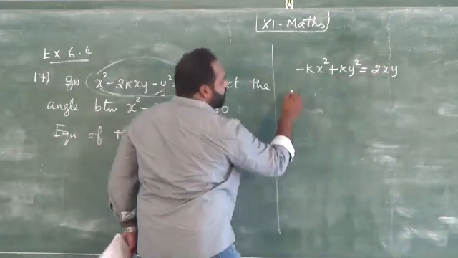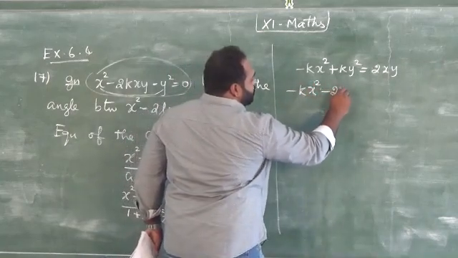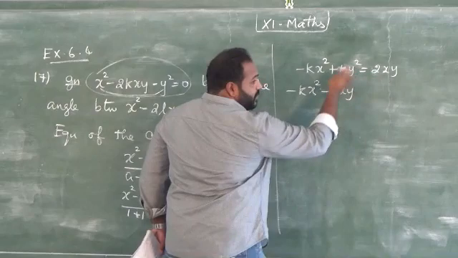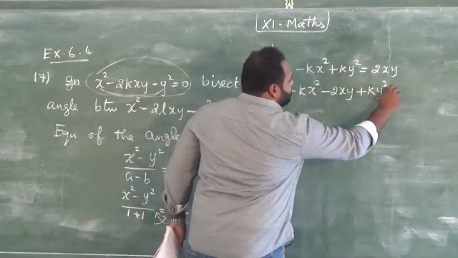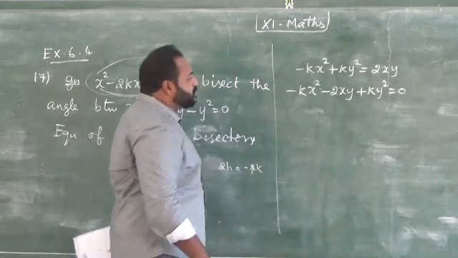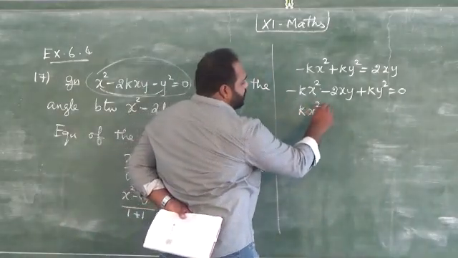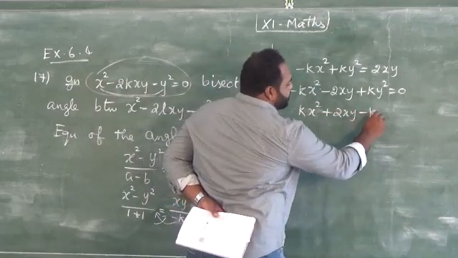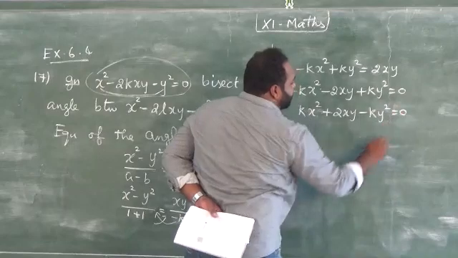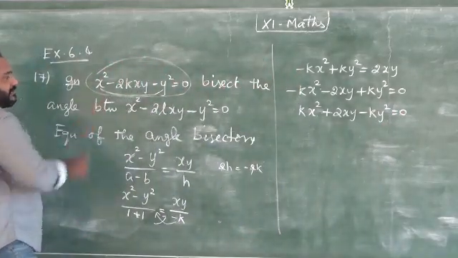So bring this side: minus k x square minus 2xy plus ky square equal to 0. Here I want to change the sign: k x square plus 2xy minus k y square equal to 0. This is the equation of the angle bisectors for this equation.